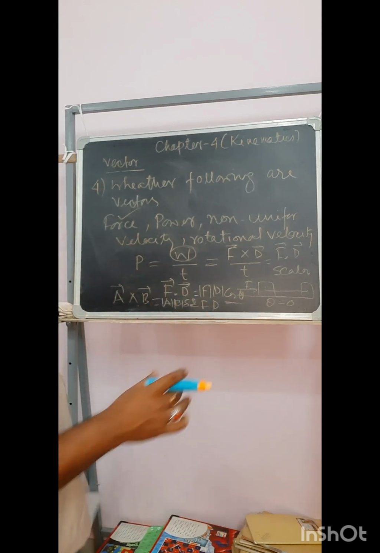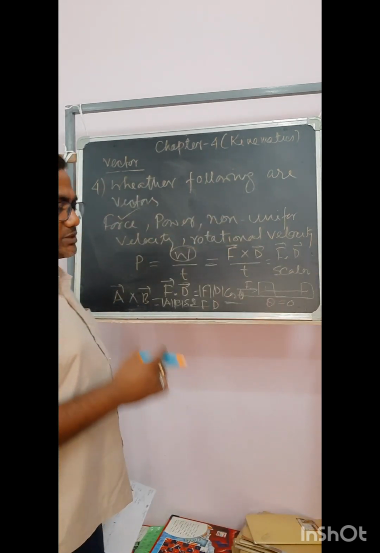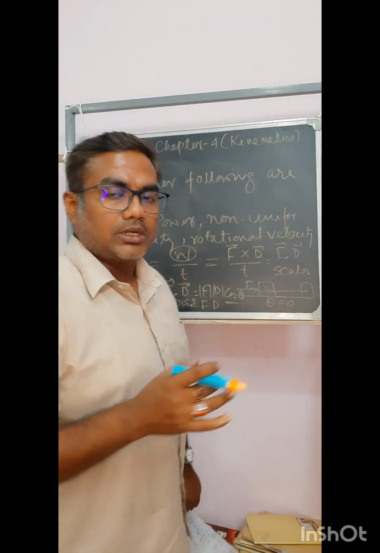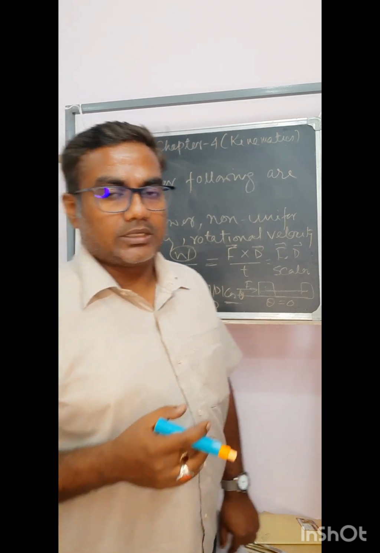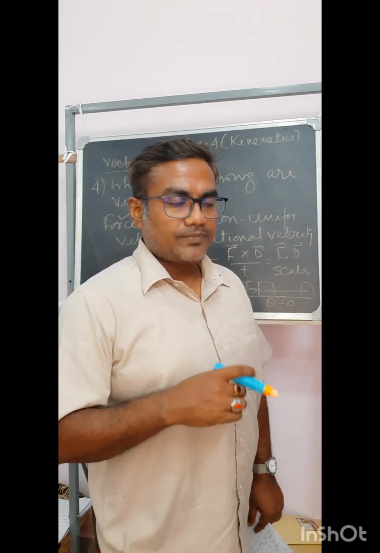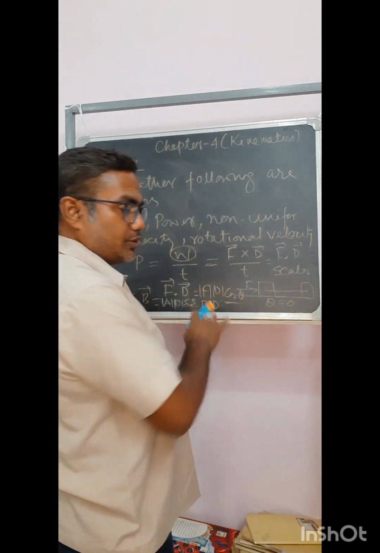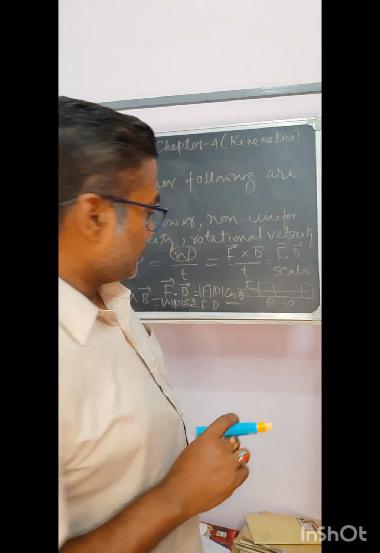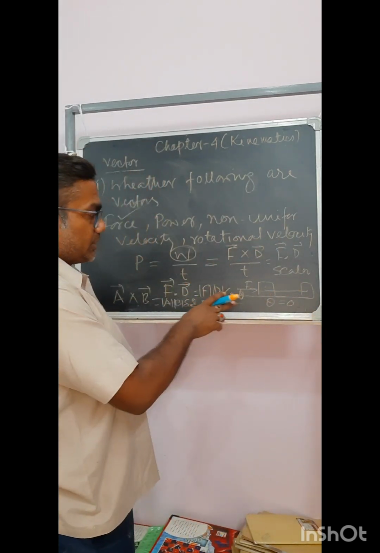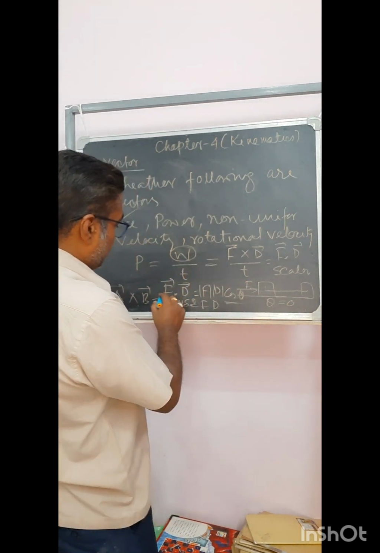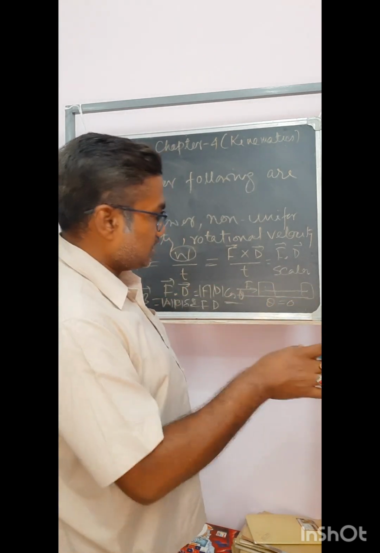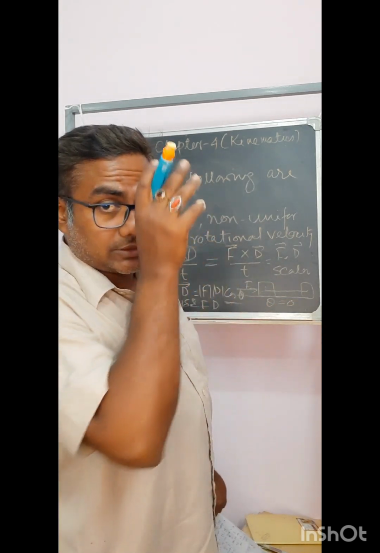Later, when we study rotational motion with respect to linear motion, we can understand why we call the cross product a vector, how it is defined, and why the dot product is a scalar. The only thing you can understand for the dot product is the direction of the resultant. The product of these two vectors is the resultant, and the resultant does not change the direction.